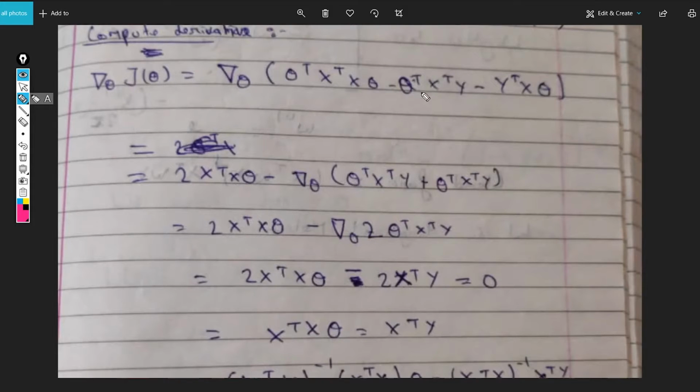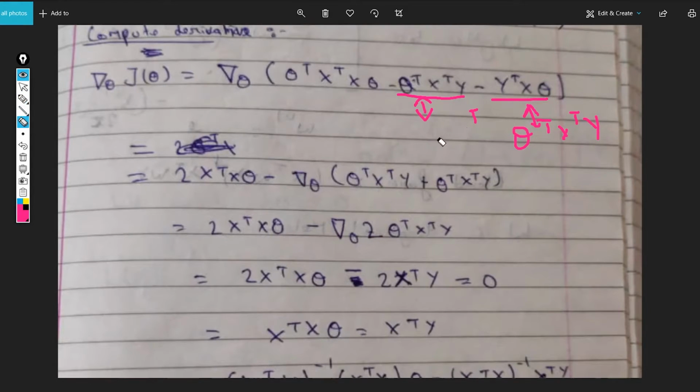So now, as we had, we are left with these two. So you can write them like this. You can write this as theta x y transpose. This is going to be same as this, and you can write this as theta transpose x transpose y.